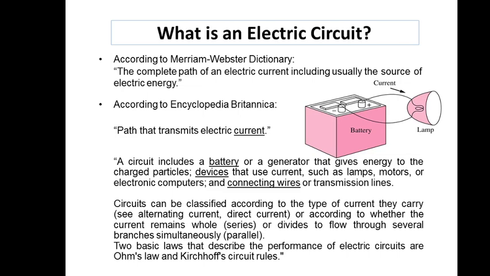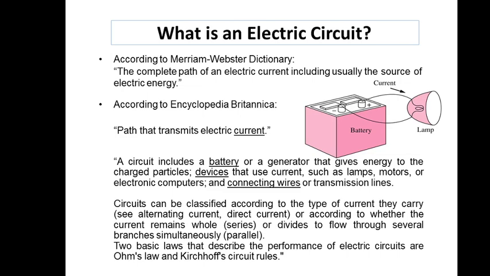So an electric circuit includes a battery or generator that gives energy to the charged particles, devices that use currents, such as the loads, lamps, motors or electronic components, and connecting wires.